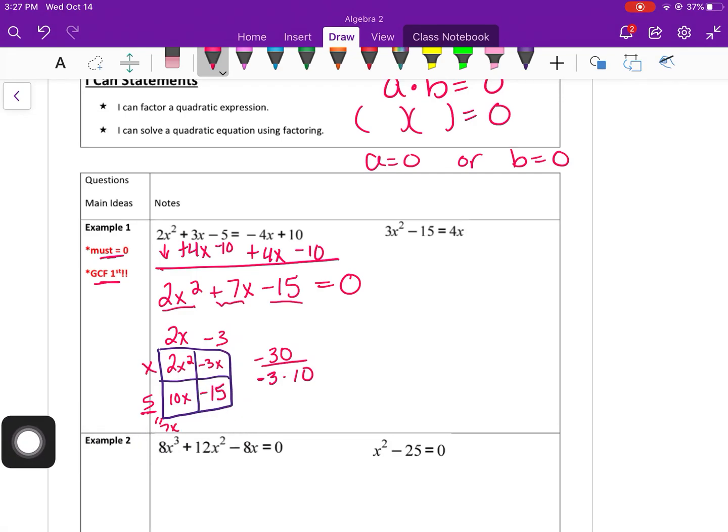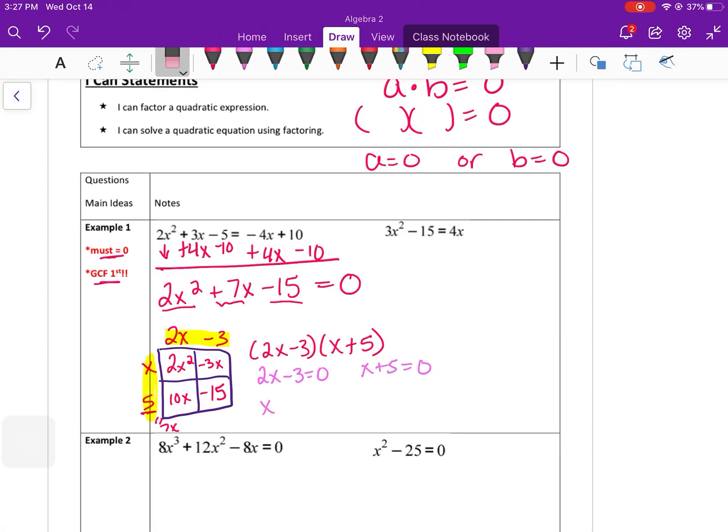So that works out. My factors are 2x minus 3 times x plus 5. I get that from 2x minus 3 and then x and positive 5 right here. Then set each of those factors equal to 0.